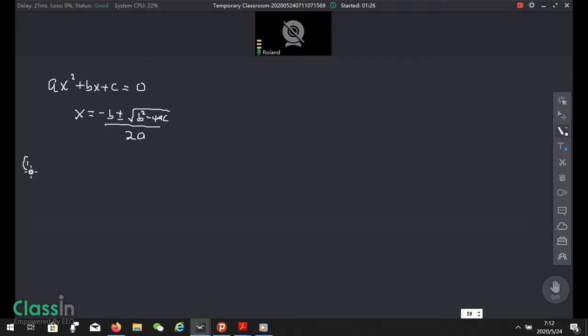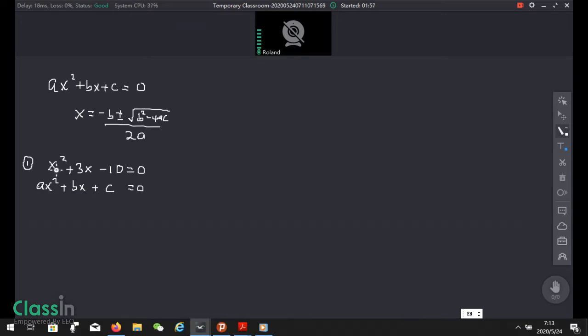For example, if we have an equation x squared plus 3x minus 10 equals 0, when we compare this equation to the general quadratic equation ax squared plus bx plus c equals 0, it is clear that the coefficient of x squared is a.